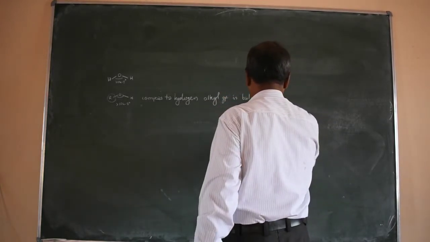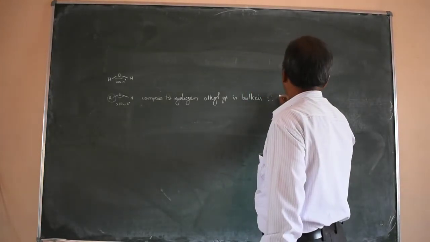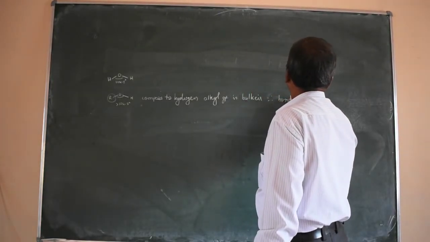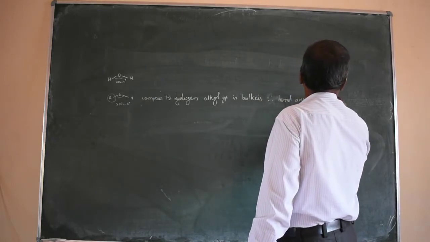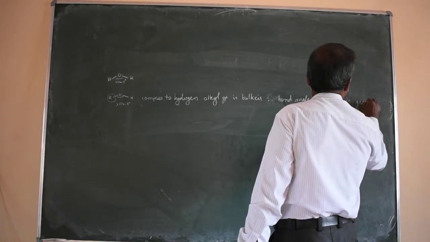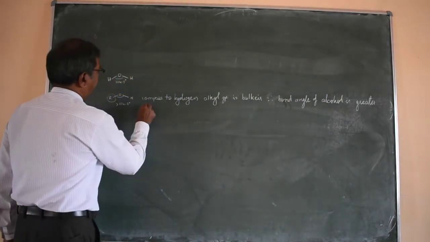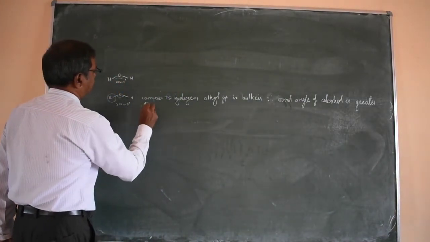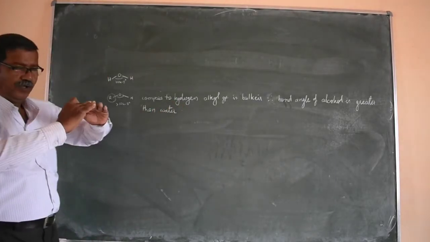Therefore, the bond angle of alcohol is greater than water. The structure is similar. We have a bent shape.